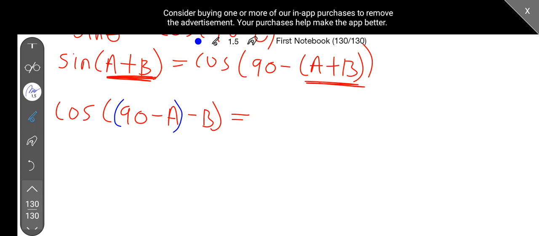We want to form an identity out of this. Remember, this is the same as this, and it's the same as this. Don't be confused.